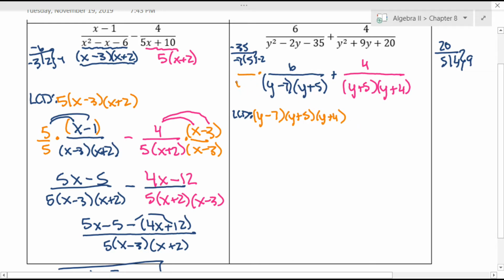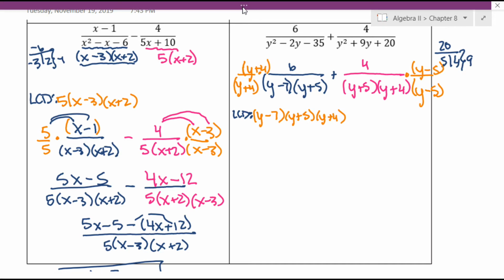On this side, the y plus 4 is missing, so I need to multiply the top and the bottom by y plus 4. And on this side, the thing that's missing is the y minus 5. So I need to multiply top and bottom by y minus 5, which means I'm going to distribute the 6 first.